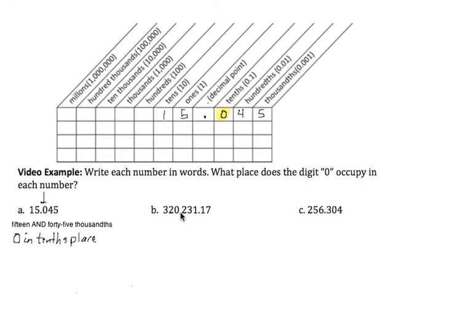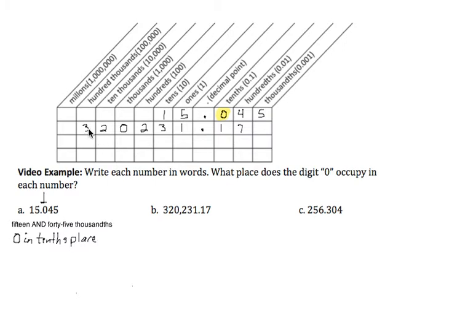Again, to help identify the number in words, I'm going to put this number into the table. The decimal point goes here. To the right of the decimal, I have a 1 and a 7. To the left of the decimal, I'm just going to fill in the digits, making sure that I get them all in the right spaces.